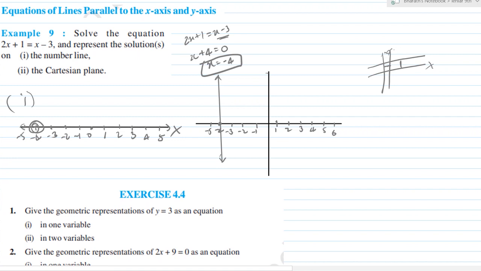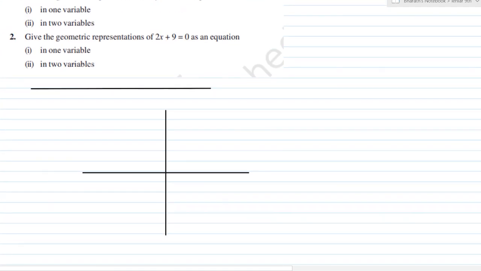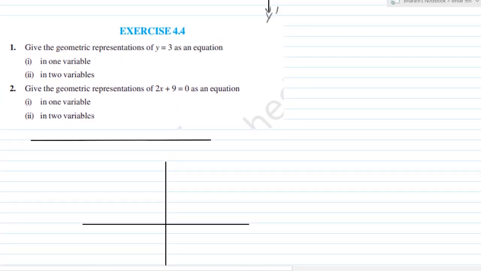In this type of question, same thing, write the scale: x-axis equal to y-axis, 1 centimeter is equal to 1 unit. Always mark the point x, y, y dash, x dash. Fine. That's all. Same way here, in one variable you make one line, and this is the point.